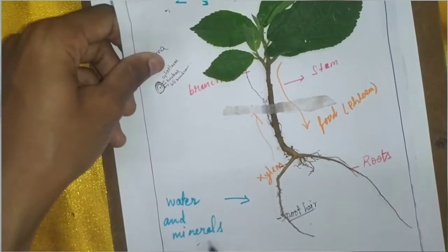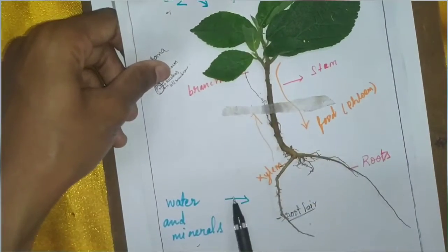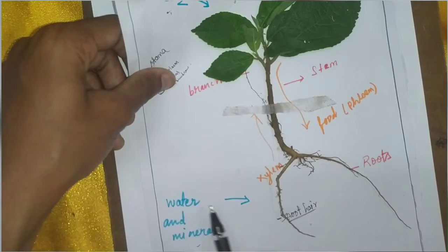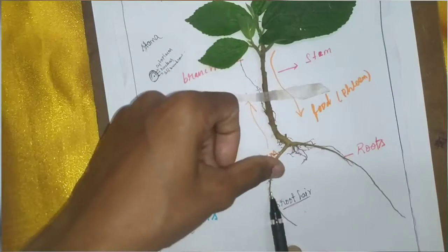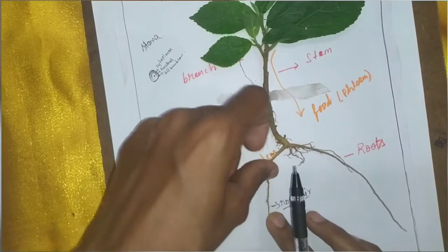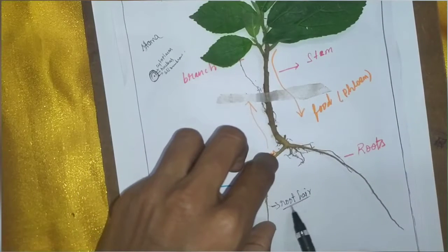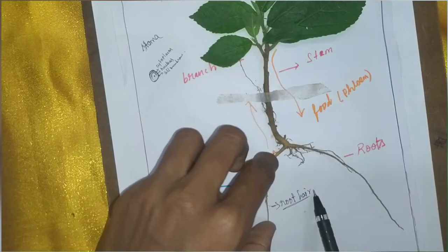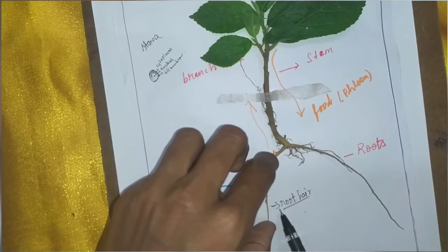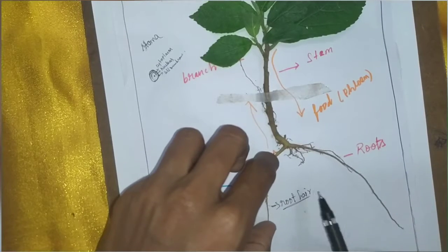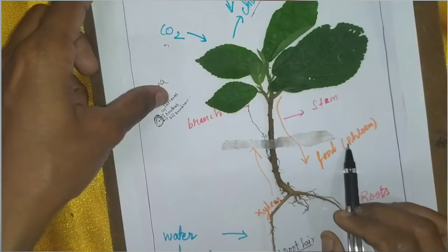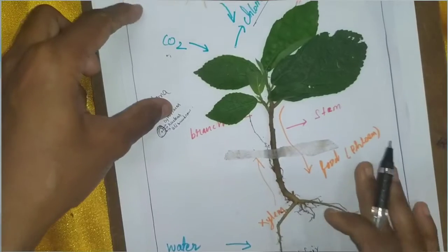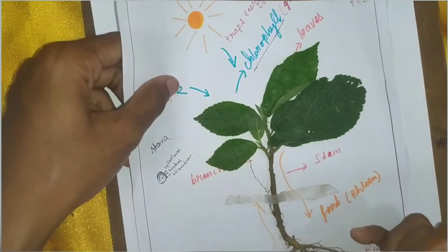How are water and minerals reaching the leaves? We know already that roots are absorbing water and minerals. How are roots absorbing them? In the root you can see small branches which are called root hair. This root hair is present in between the soil particles, and inside the root there are special cells, xylem cells and phloem cells. These xylem and phloem cells are types of vascular tissues.